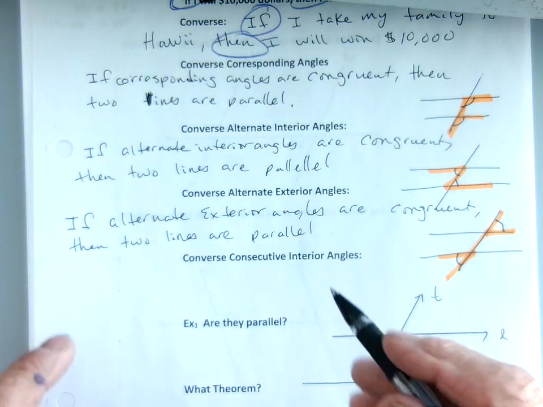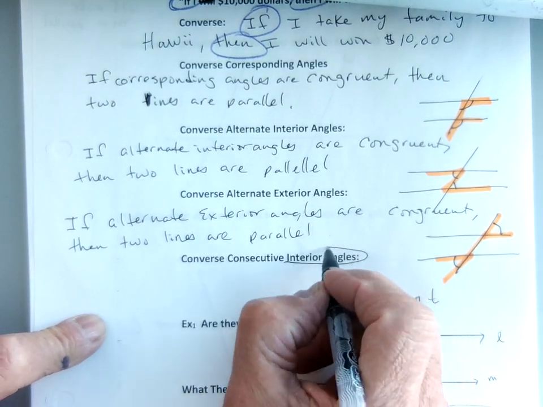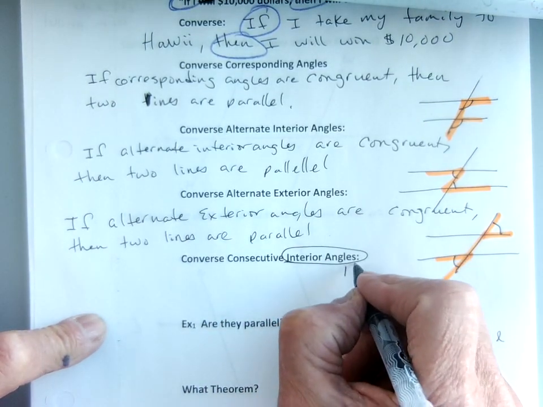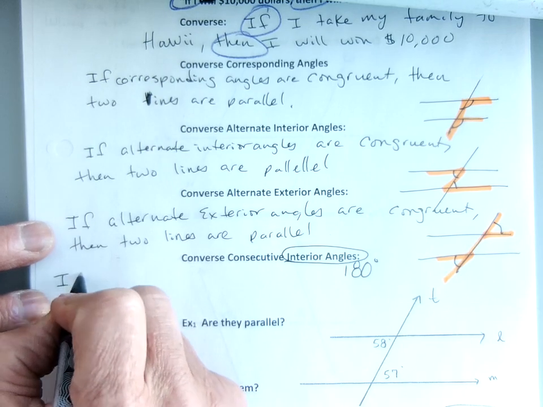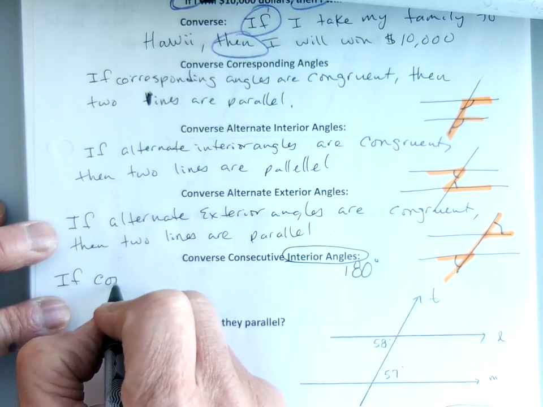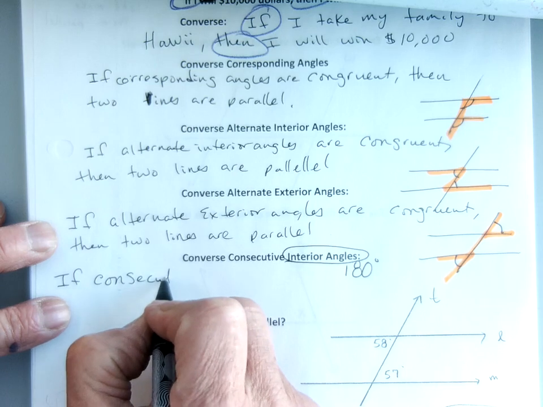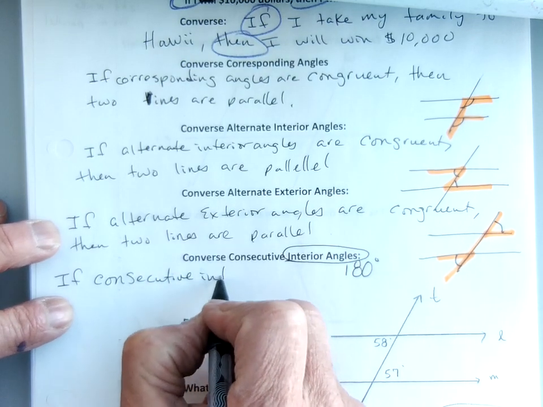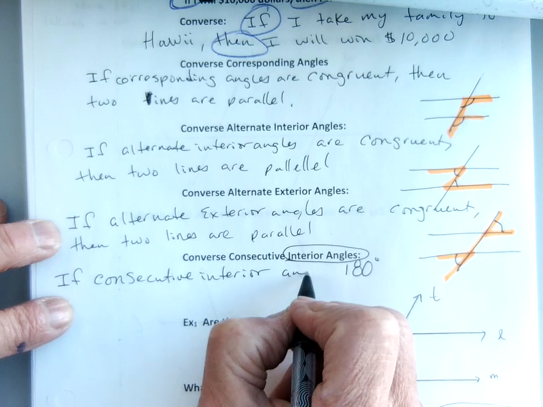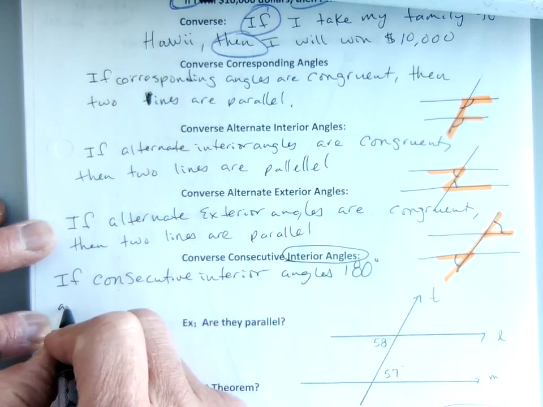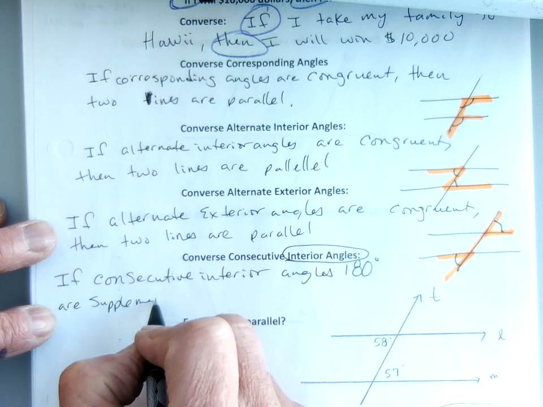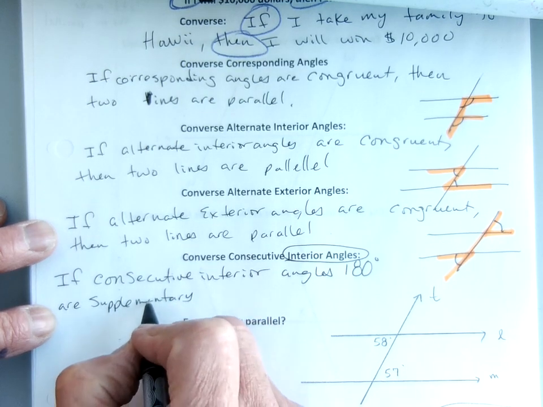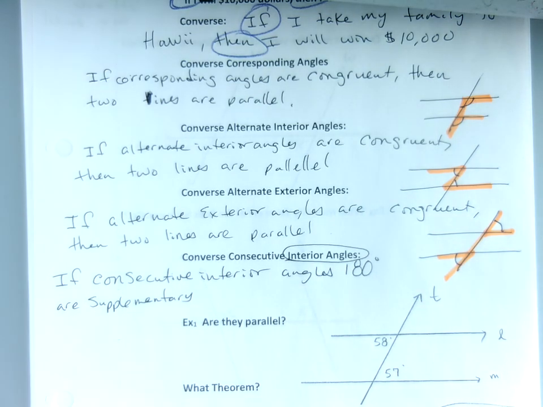Okay, now finally, this one's a little bit different. Consecutive interior, they have to add, write down, these have to add to 180 degrees, okay? They have to add up to 180 degrees. So if consecutive interior angles are supplementary, okay, let me go ahead and highlight that word, supplementary.